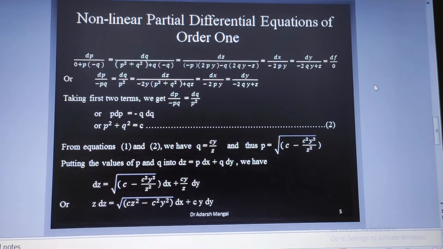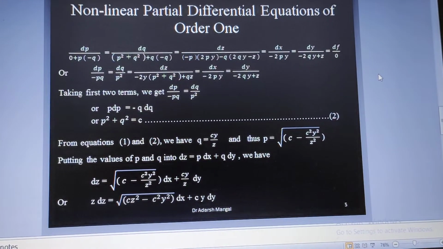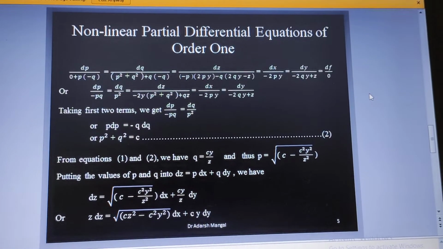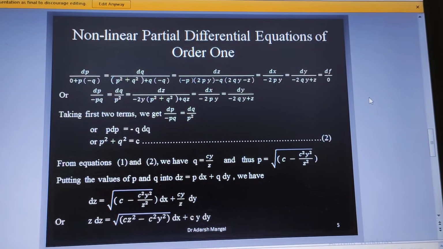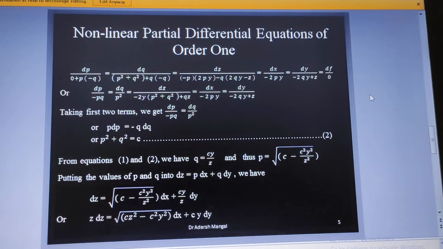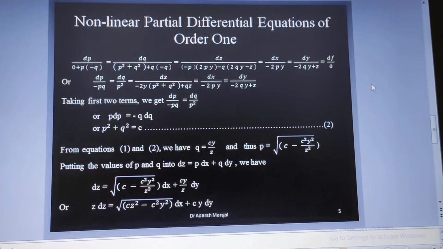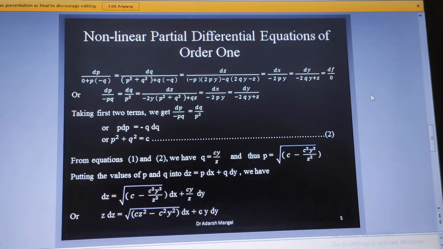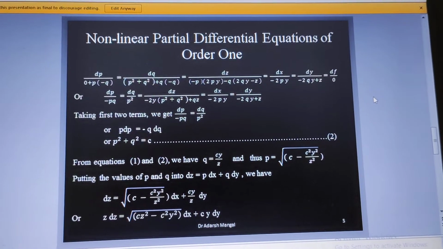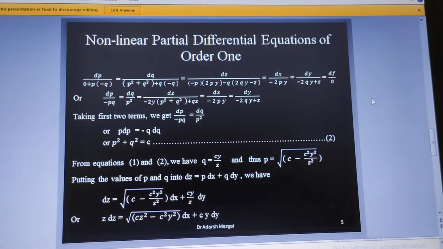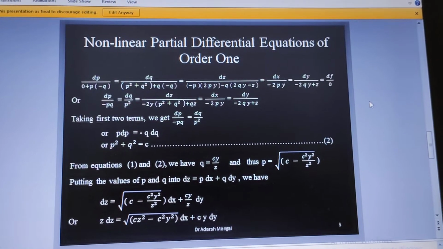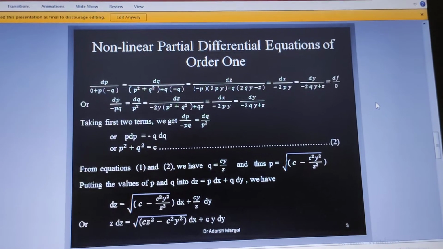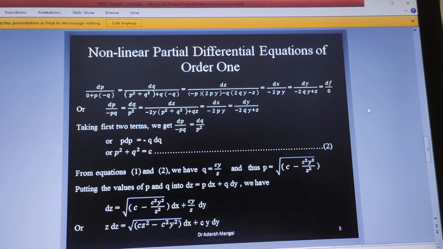Putting the values of partial derivatives into the auxiliary equation, we have dp upon minus pq is equal to dq upon p square, and so on. Now taking the first two terms, we have p dp plus q dq is equal to 0, or after integration you will have p square plus q square is equal to 2 into some constant, and we are taking 2 into some constant here as c.